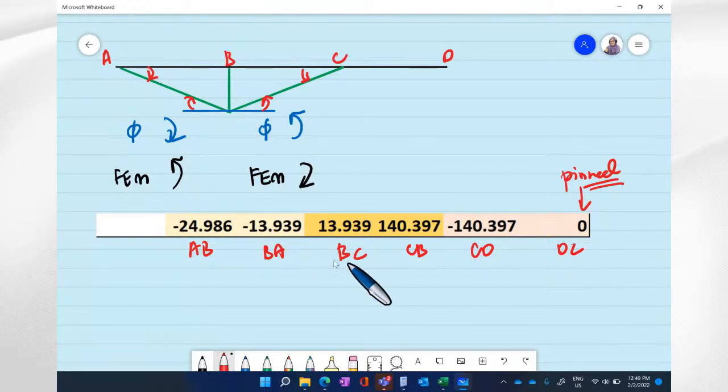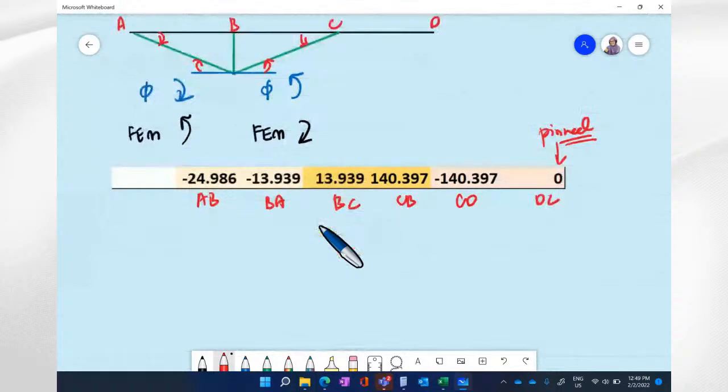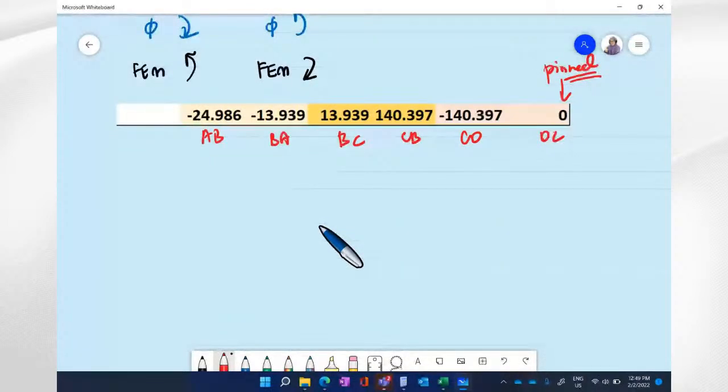So from this we can do some calculation, considering all the moments, and draw the shear force diagram and bending moment diagram. So let's do it one element at a time.